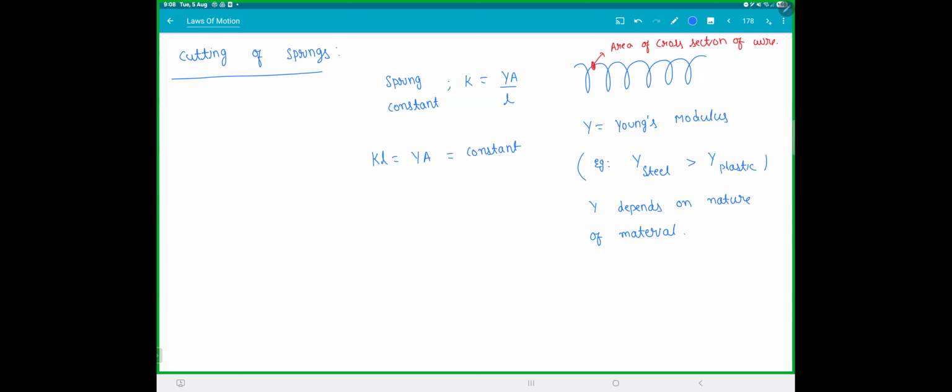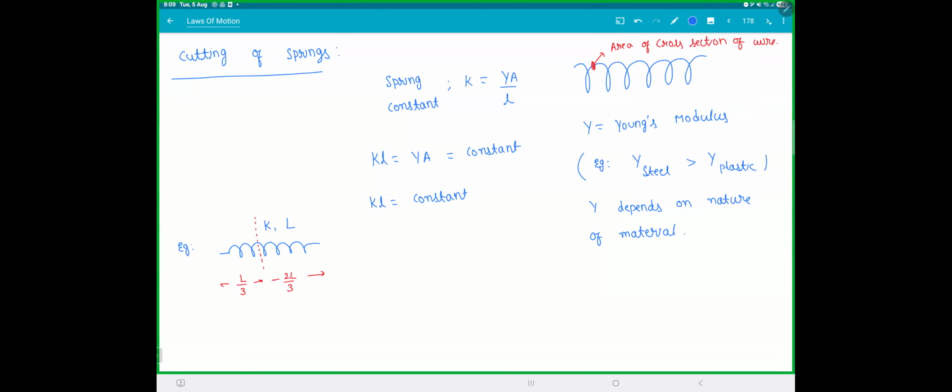So whenever you cut a spring, K into L remains constant. Let me show you with an example. So if you have a spring here, let's say K and L. So you take a scissor and you cut it here into two pieces. Let's say this length is L by 3 and this length is 2L by 3.